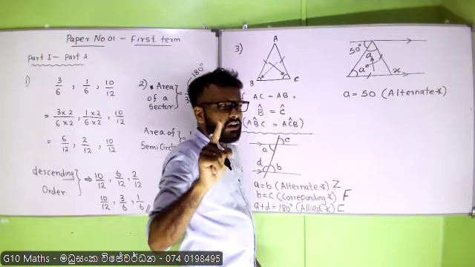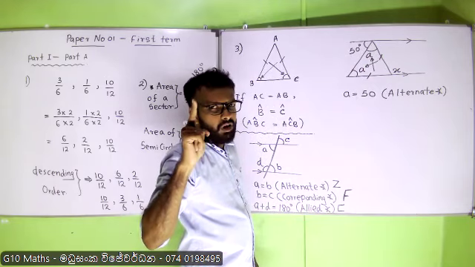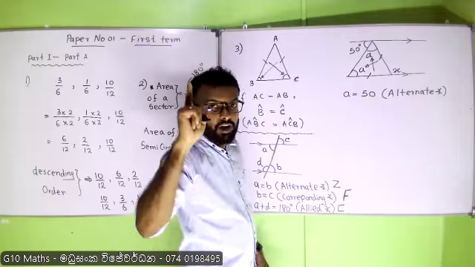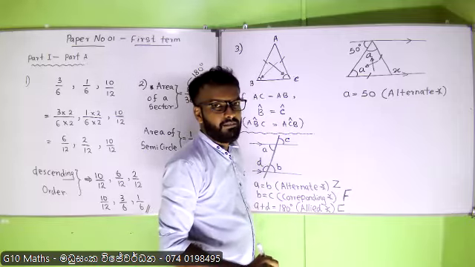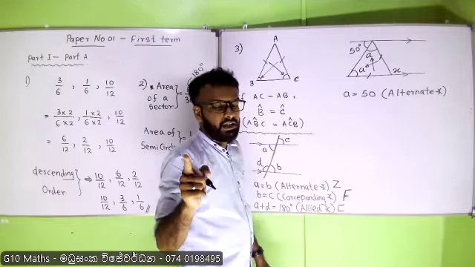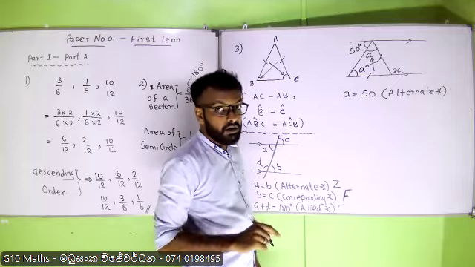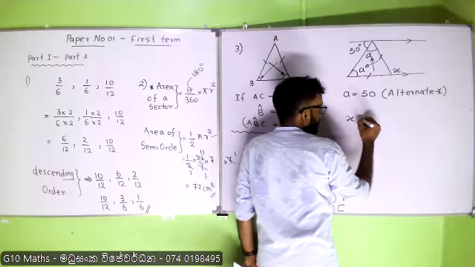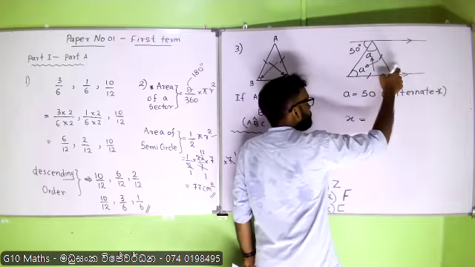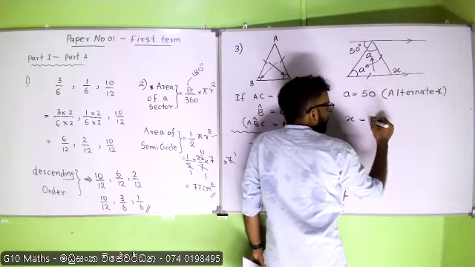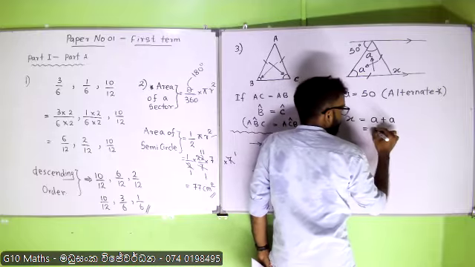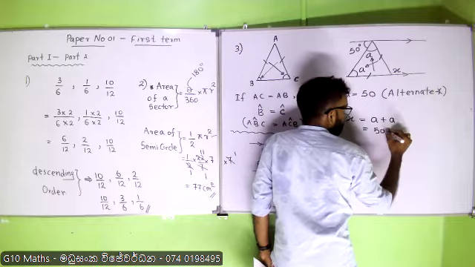Now, if you know how to apply the exterior angle theorem, you can directly find the value of x. We have done it under triangles part 1. Exterior angle theorem. So you can write x equals A plus A, that means 50 plus 50.